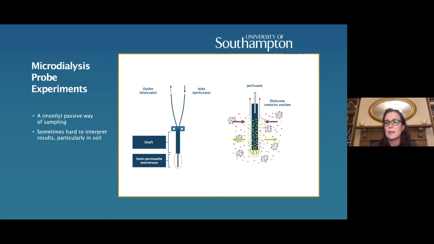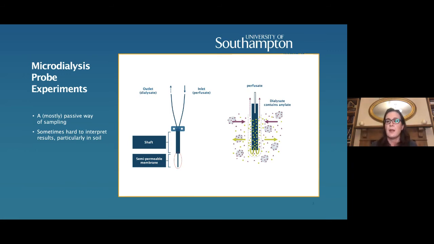And in the membrane section there, we can also make those probes as little mini artificial roots. So we can deliver chemical compounds to the soil and see how soil responds in a much more controlled manner than just using a root as it is.